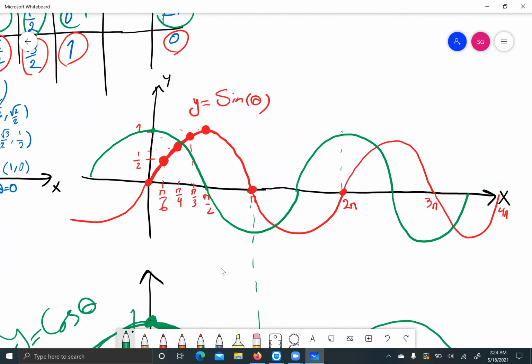You see? So this one is cosine of theta. I think it is better if we see the graphs of sine and cosine in the same coordinate system. Now you can see the relationship.